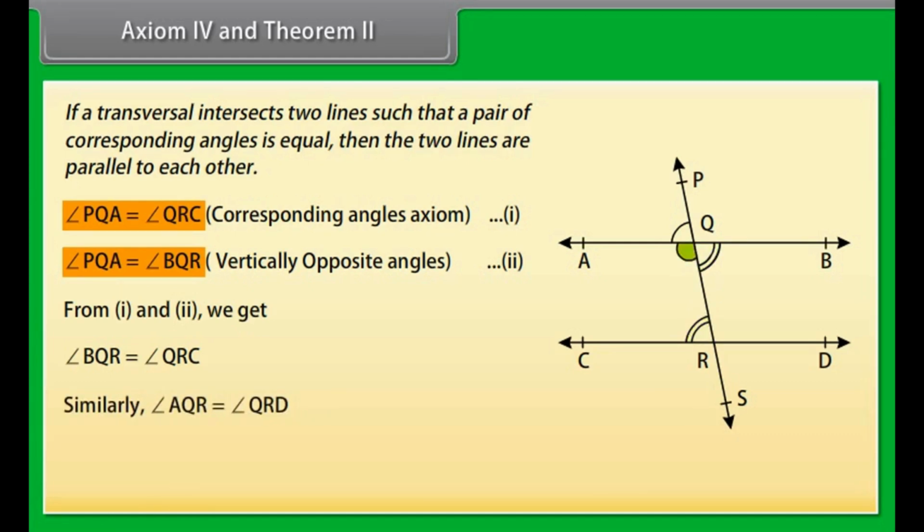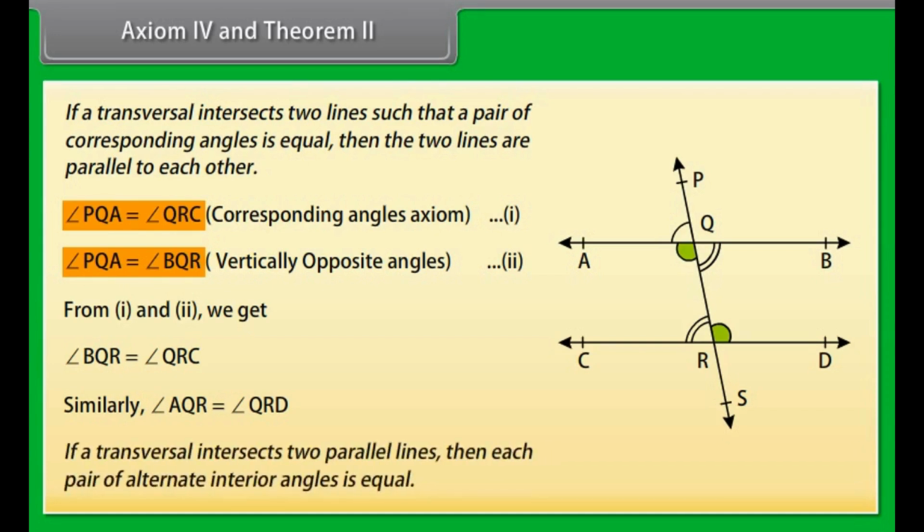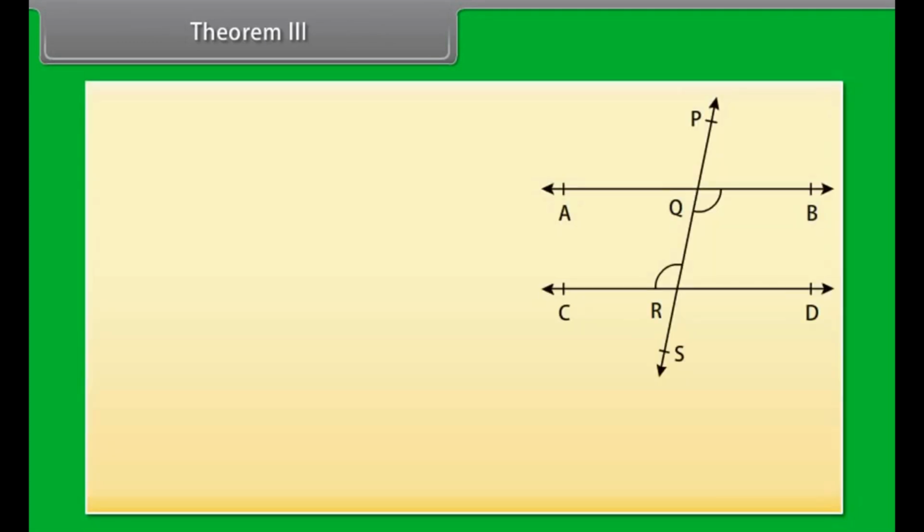Similarly, angle AQR is equal to angle QRD. This result can be stated as a theorem, which is, if a transversal intersects two parallel lines, then each pair of alternate interior angles is equal. Theorem 3.